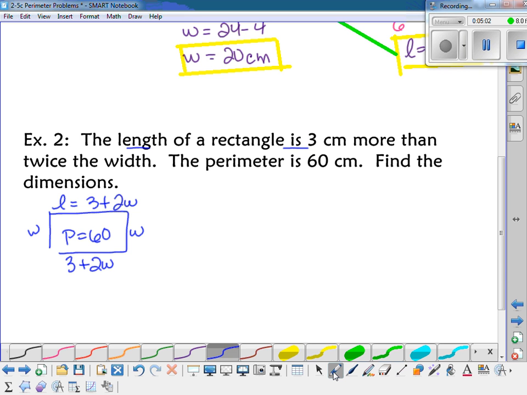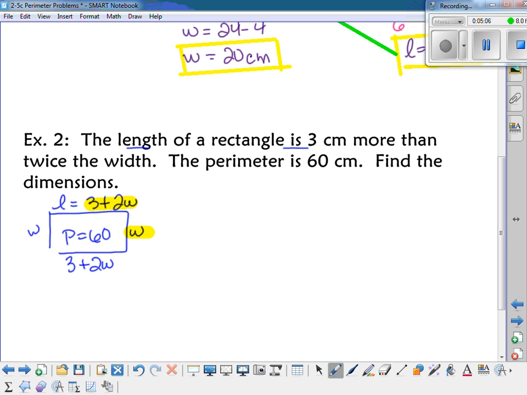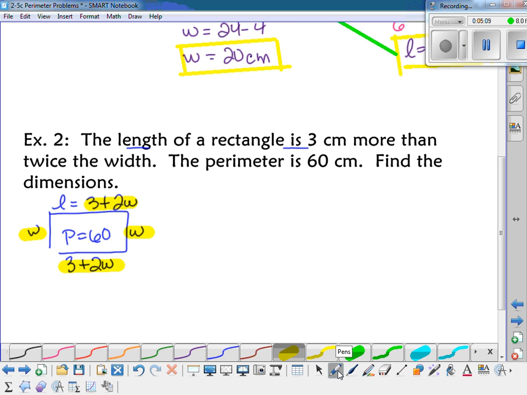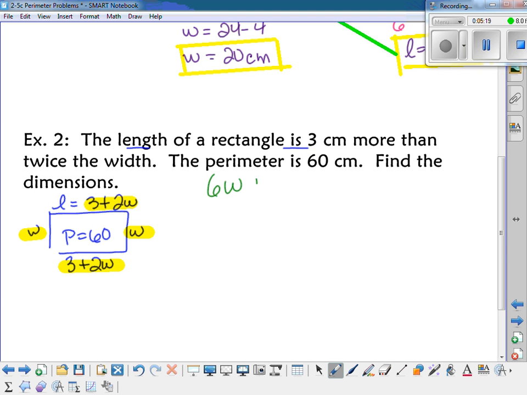Now I'm going to add my 4 sides together, 3 plus 2w plus w, 3 plus 2w plus w. So how many w's do I have altogether? 6 of them, right? 1, 2, 3, 4, 5, 6. So I've got 6w. And then 3 and 3 is 6.